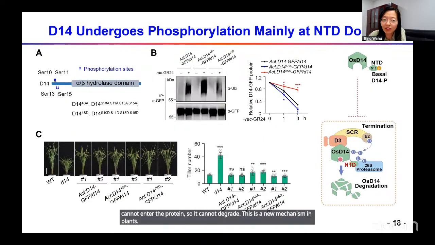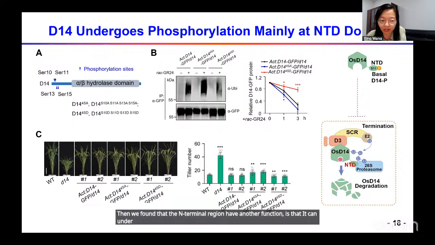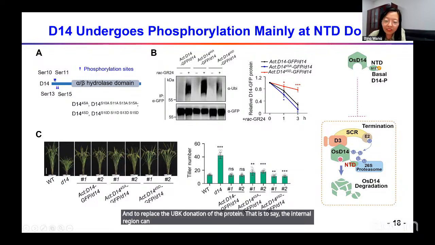Then we found that the N-terminal region has another function: it can undergo phosphorylation, and the phosphorylation negatively regulates, repressing the ubiquitination of the protein. That is to say, the N-terminal region is also important for the regulation of the termination process.